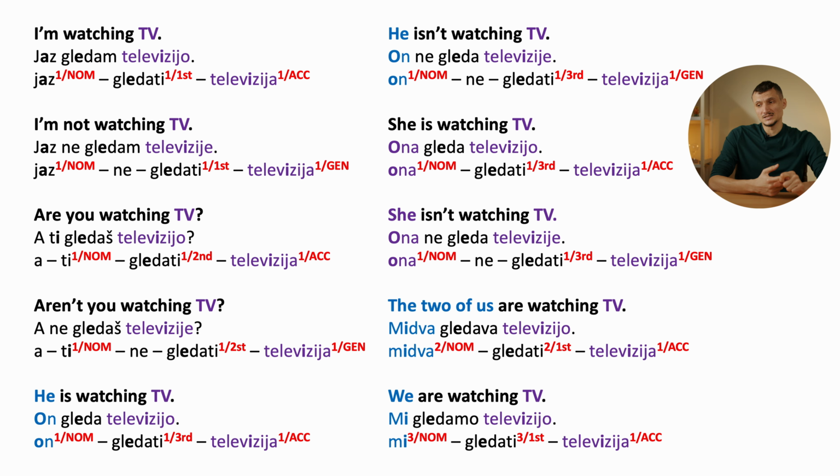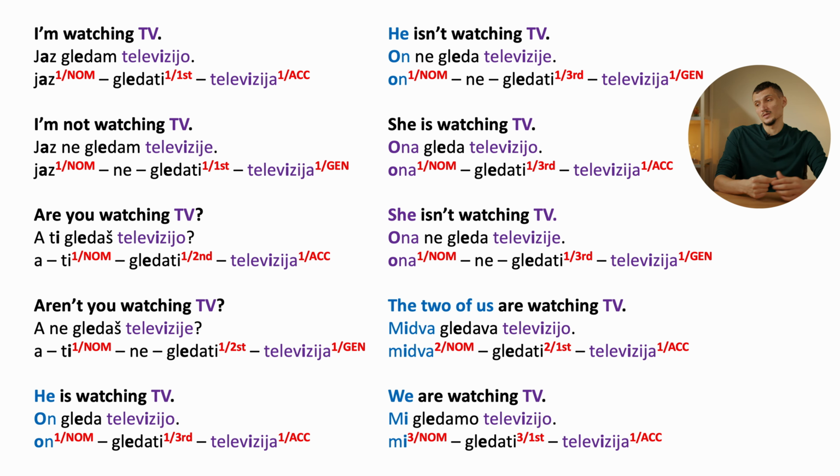We didn't color jaz and ti because it could be either a male or a female, either masculine or feminine when it comes to Slovenian grammar. On, however, is only masculine, ona is only feminine, and sexist as it is, and it is sexist, midva is masculine.